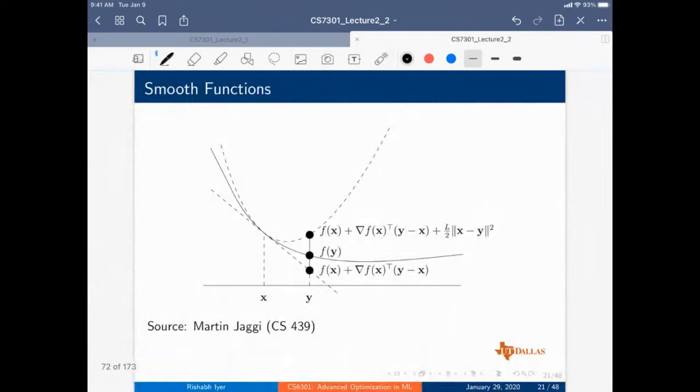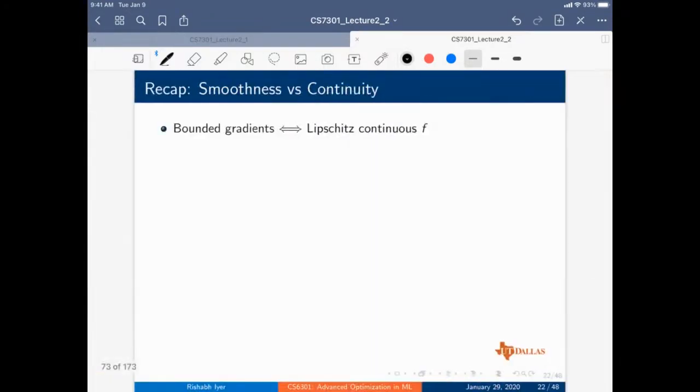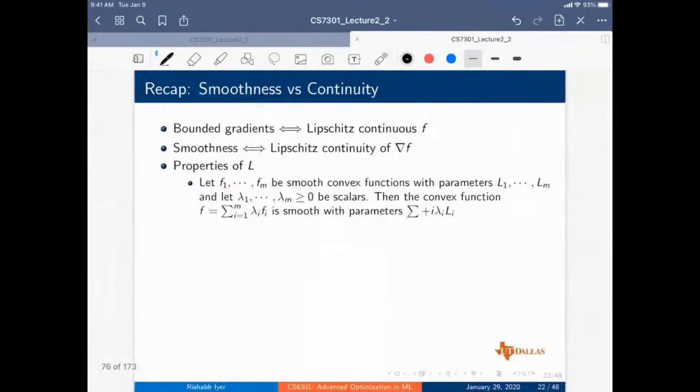Okay, so now we will talk about smooth functions. Recall that smoothness means there is a quadratic function which upper bounds my convex function everywhere. Bounded gradients means that the function f is Lipschitz continuous, but smoothness means the Lipschitz continuity of the gradient of f.